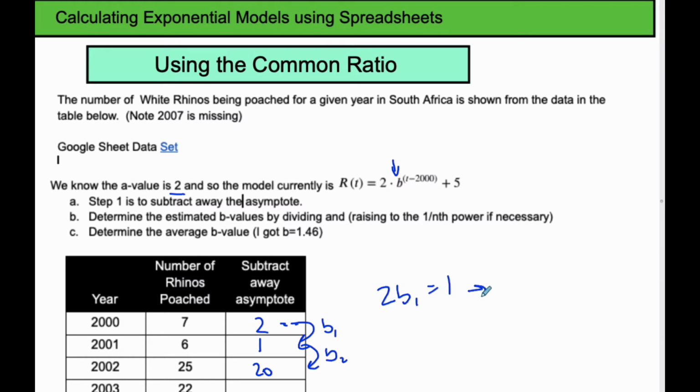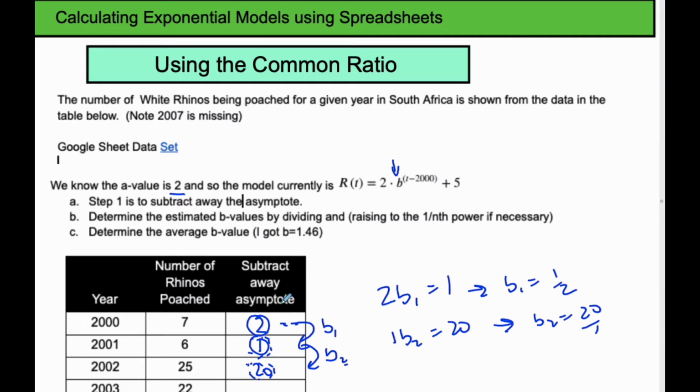So I know that b1 is equal to 1 divided by 2, which is this cell divided by the previous cell. When I look at b2, 1 times b2 is equal to 20. And so b2 is equal to 20 divided by 1, which is this cell divided by this cell.